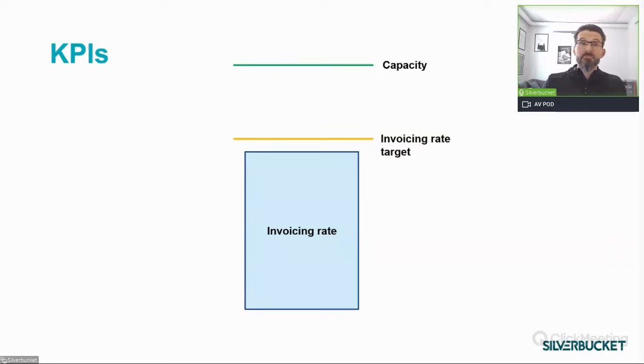This could mean to start to recruit more people or maybe to downsize the organization. The invoicing rate is really the lifeline of a project organization in professional services. It pays the bills and salaries.